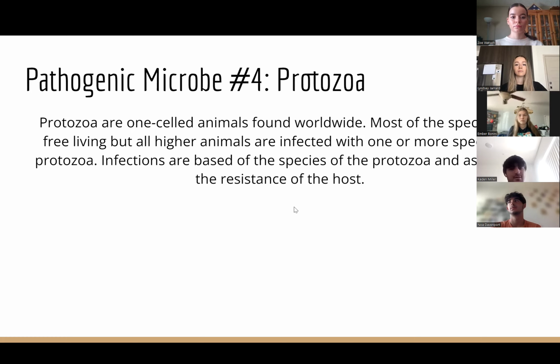Most of the species are free living, but all higher animals are affected with one or more species of protozoa. Infections from protozoa are based on what type of species it is and how well the resistance of the host is.